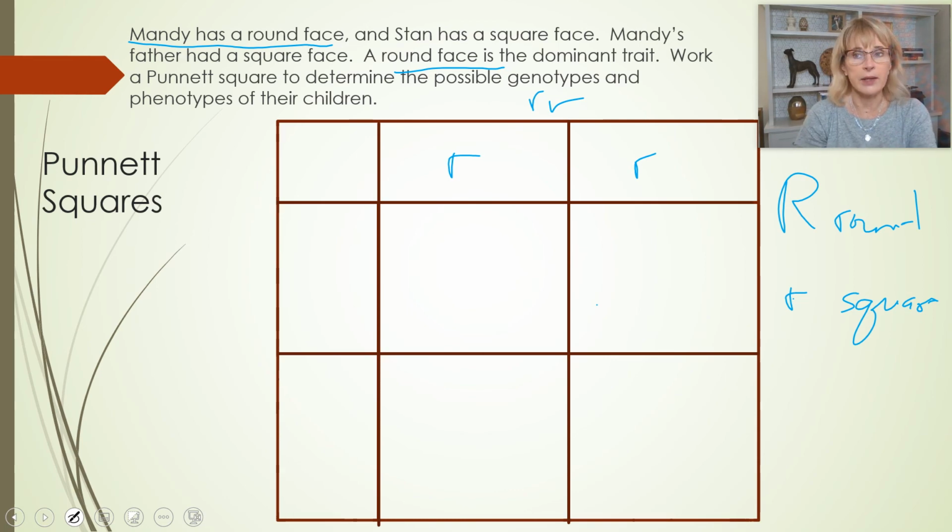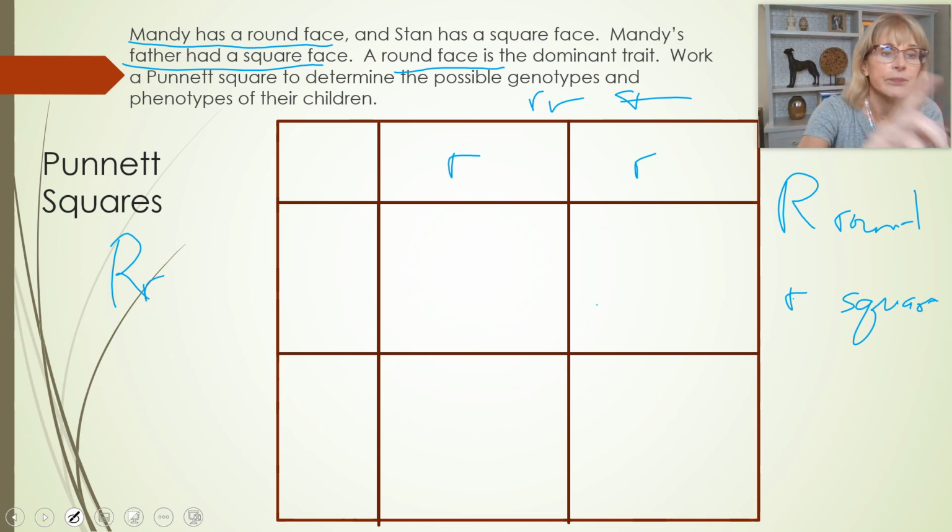Now, what about Mandy? We're not sure about Mandy. We do know she has a round face, though, so we know Mandy has got one uppercase R, but they didn't tell us what the other allele is. However, we know that Mandy's dad had a square face, so Mandy's dad was like this. Mandy's dad only made sperm that carried a lowercase r, so Mandy has got one dominant allele and one recessive allele.